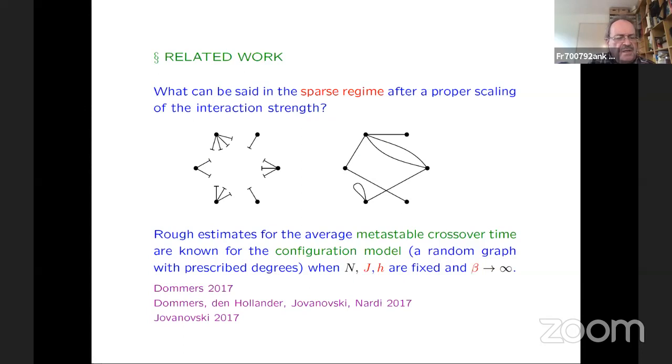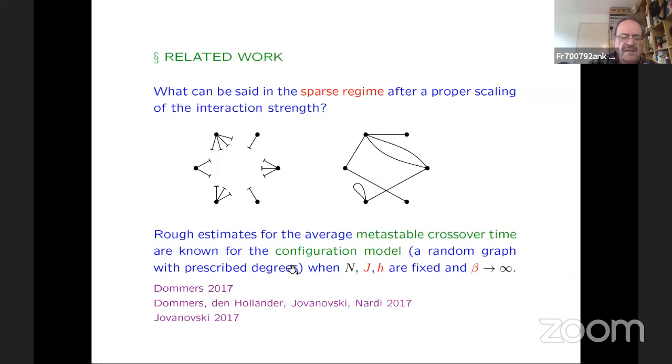So what else has been done? We have looked at metastability in the sparse regime. So graphs where the degrees are not proportional to the number of vertices, but are stochastically bounded. And there's a very famous model called the configuration model, which generates a random graph with prescribed degree sequences.